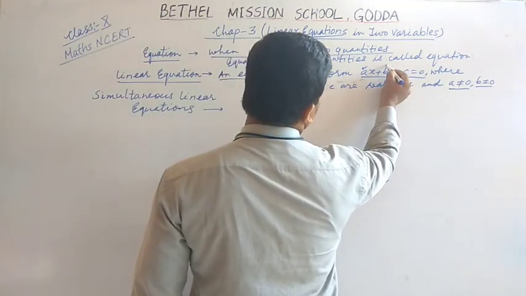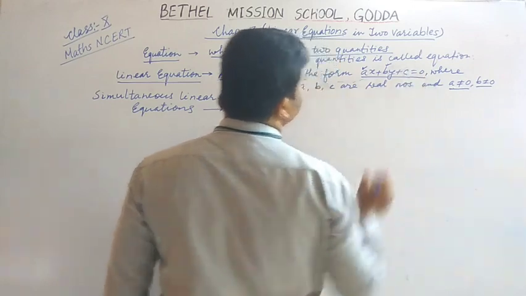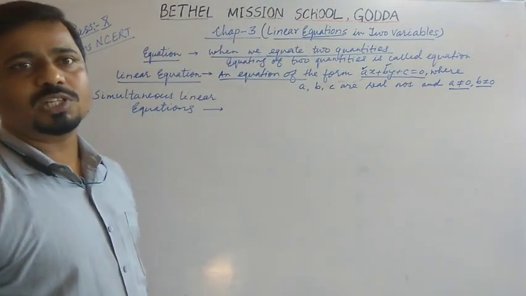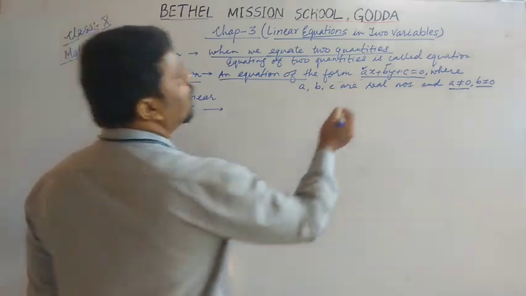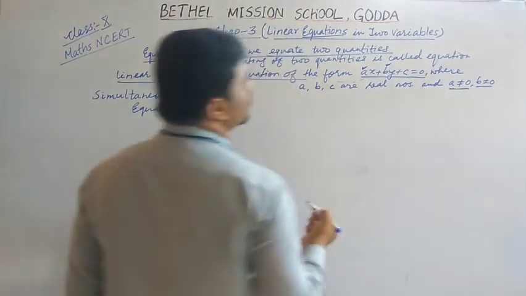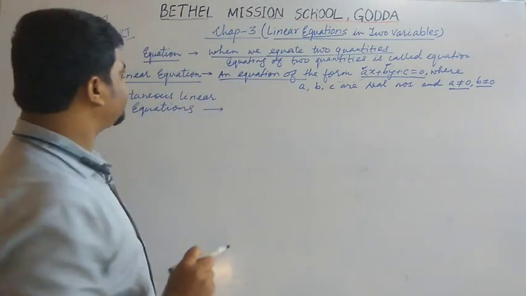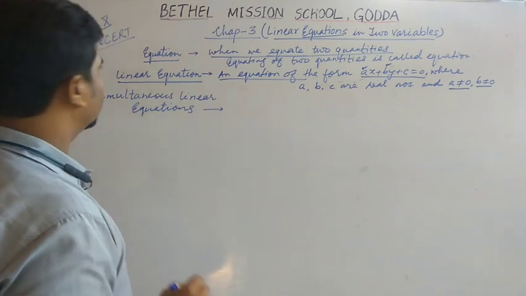If a and b both are 0, then what will be? c equal to 0, and c equal to 0 is not a linear equation in two variables. So for linear equation in two variables, a and b both should not be equal to 0.